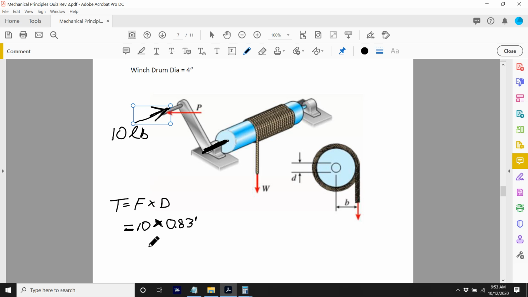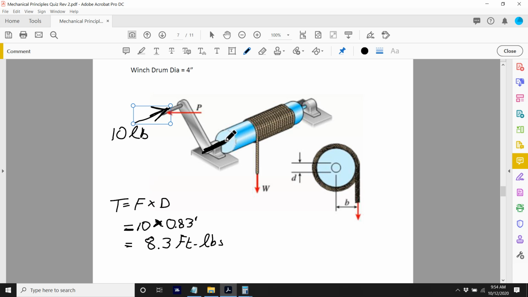And that's going to give us a total torque on this little shaft of 8.3 foot-pounds. Is that right? 8.3 foot-pounds.